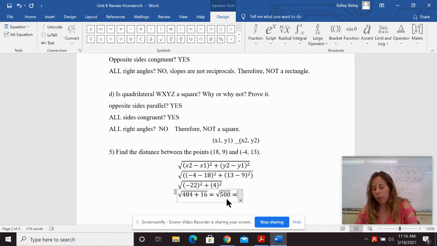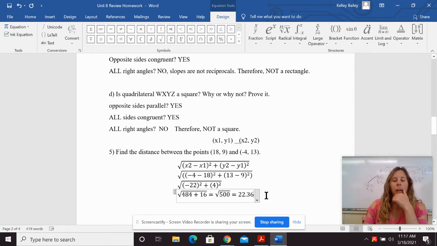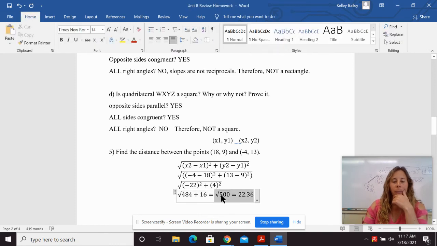If you take the square root of 500, 22.36. Either one of those is fine. So the distance between these 2 points is 22.36, or you can leave it as the square root of 500.